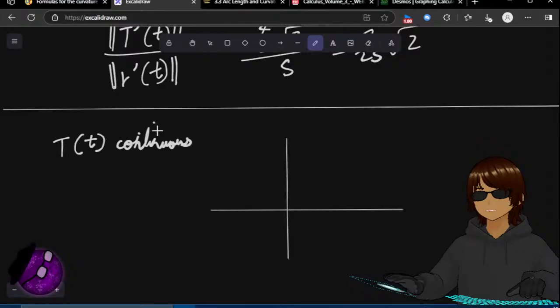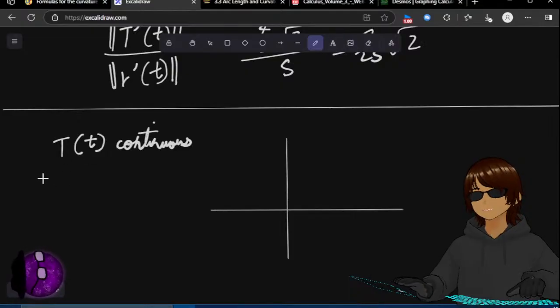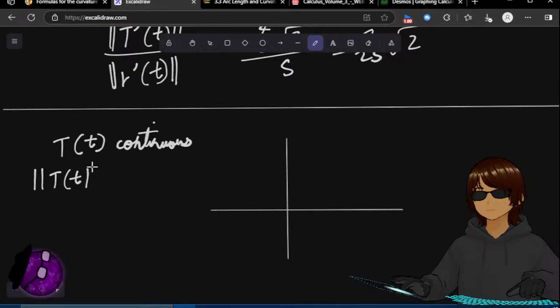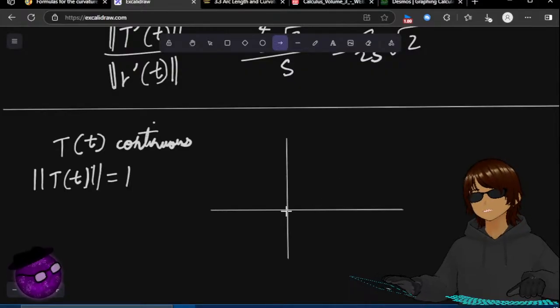I don't know how you spell it. And its length is always 1. So if you have it defined like this at a certain point, with the tail at 0 and T of t here.